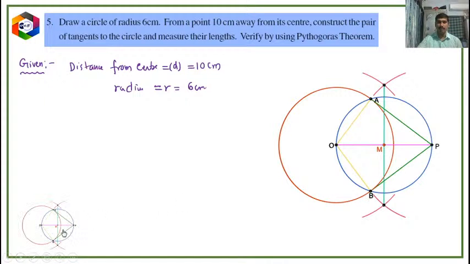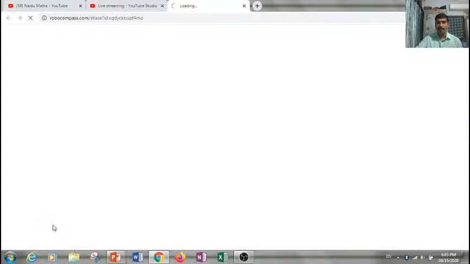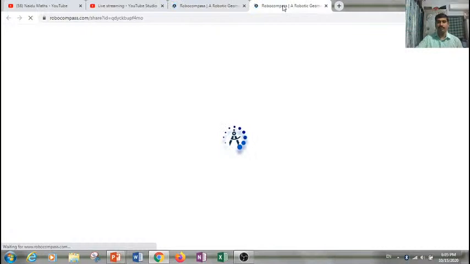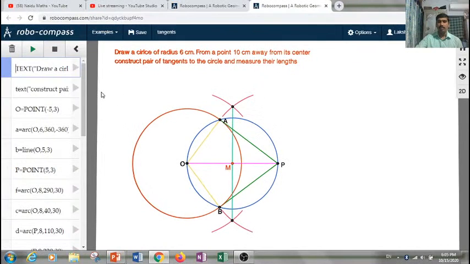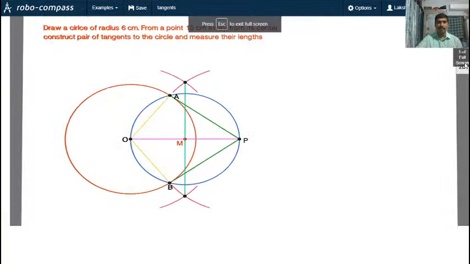Let us observe clearly how to construct this. I will show you step by step how to construct the pair of tangents to the circle. Okay, I think the screen is visible to you all.